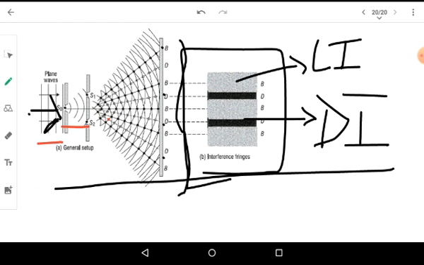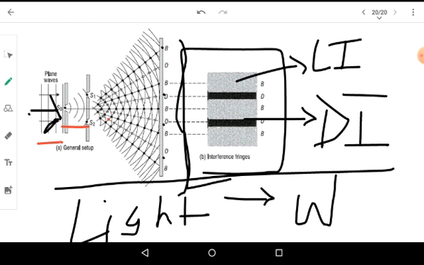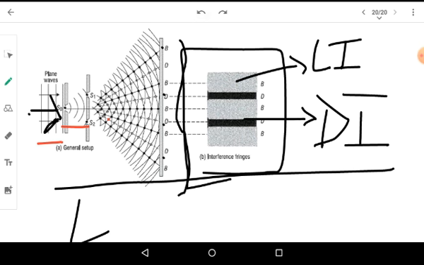Diffraction was mainly observed when we took waves. So light was then proved to be a wave, because light can construct or destruct other light waves.